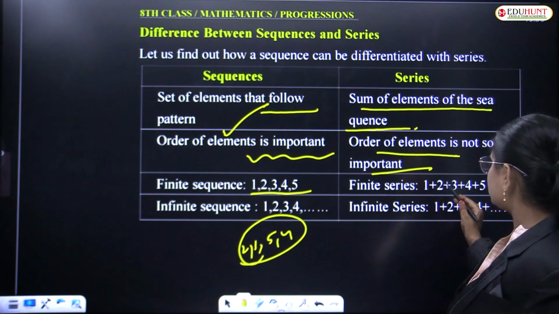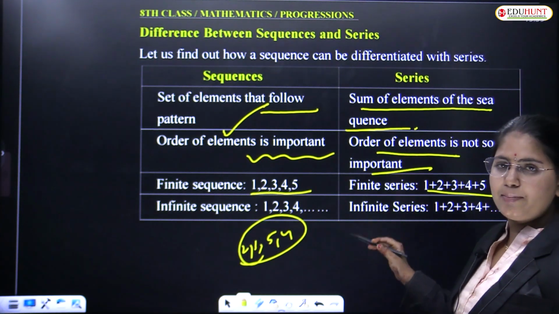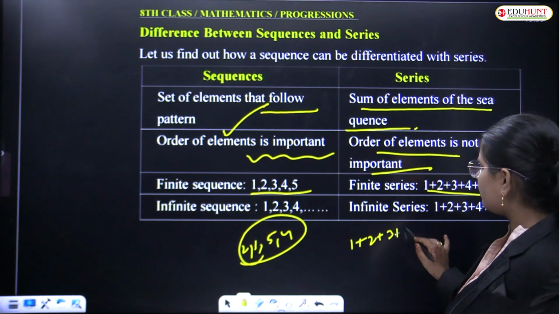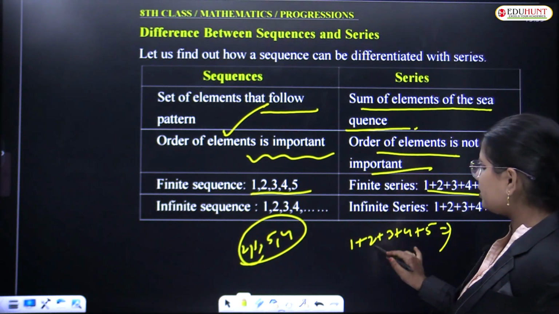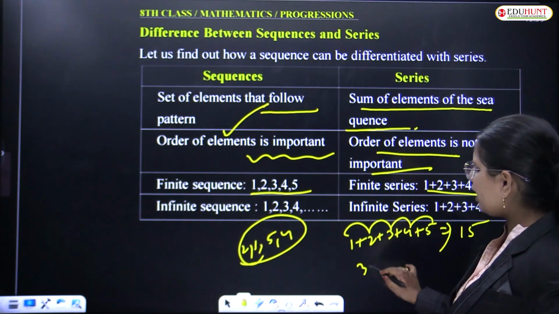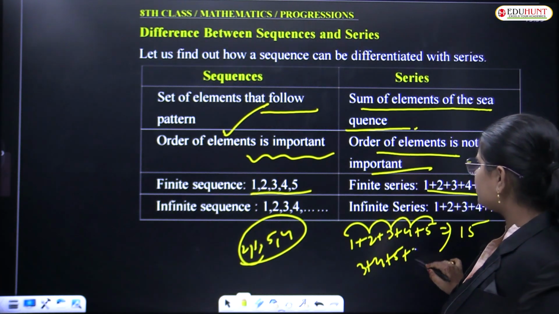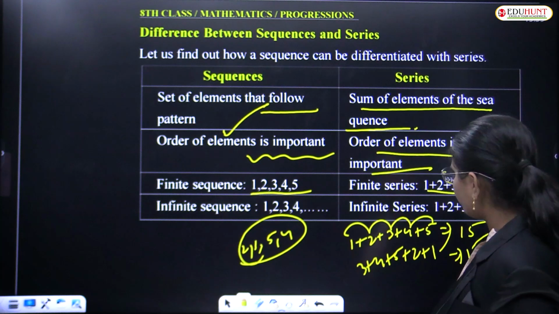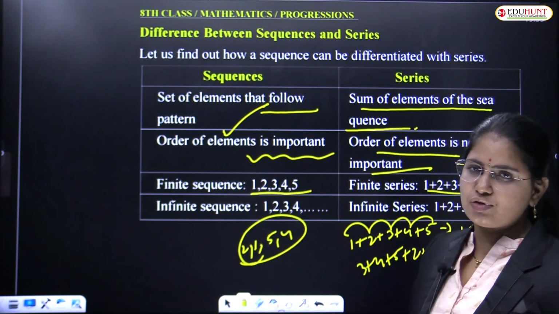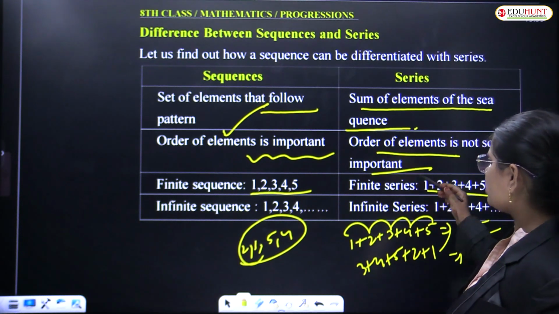Why? Because if you take the same example, plus is commutative. So 1 plus 2 plus 3 plus 4 plus 5 is 3, 6, 10, 15. If I add 3 plus 4 plus 5 plus 2 plus 1, still it is 15. Addition is always commutative, so order is not that important.